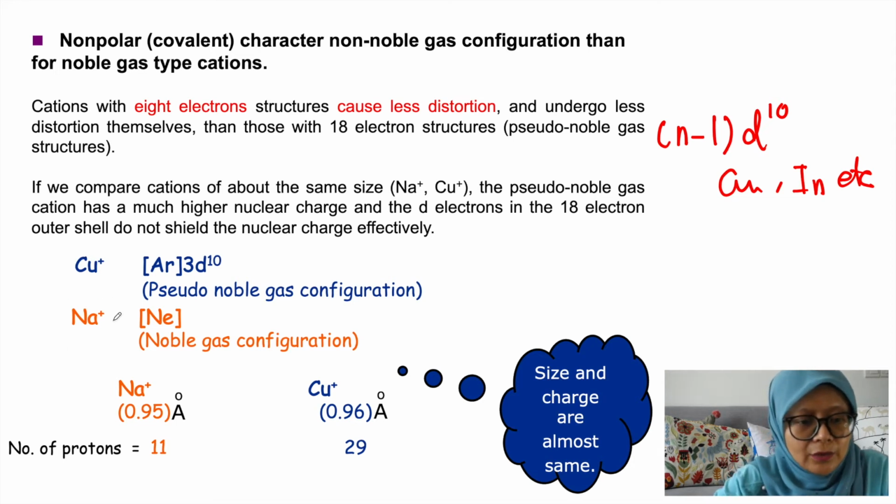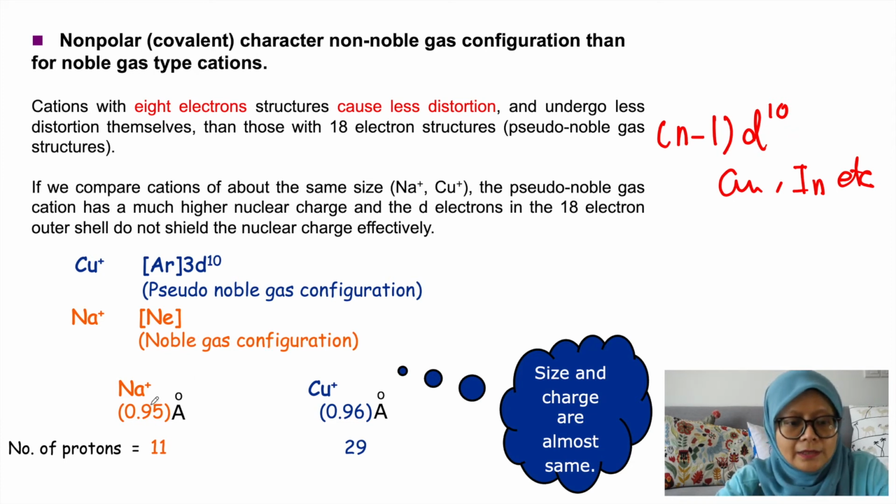This copper 1 has the electron configuration of Ar 3d10, which we call pseudo noble gas configuration, while the sodium plus here has the noble gas configuration.